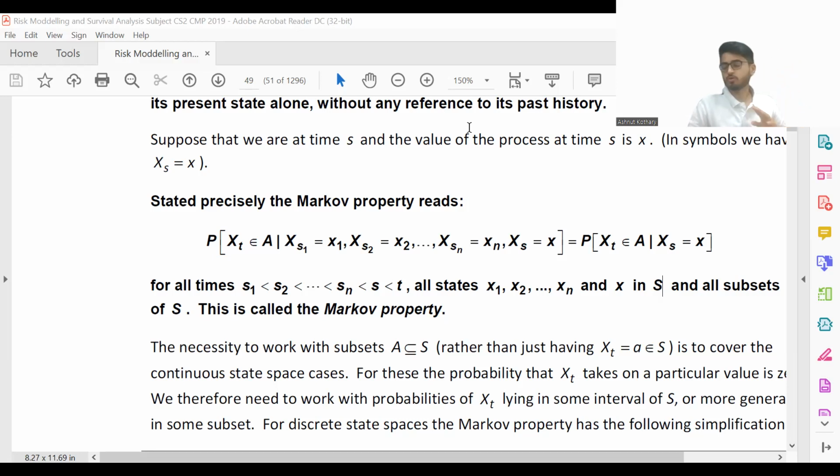The other way around is not true though. If a process has independent increments, it will definitely possess the Markov property, but a process which possesses the Markov property does not necessarily need to have independent increments. We'll see a mathematical proof of this as well. Let us take a look at that right now.